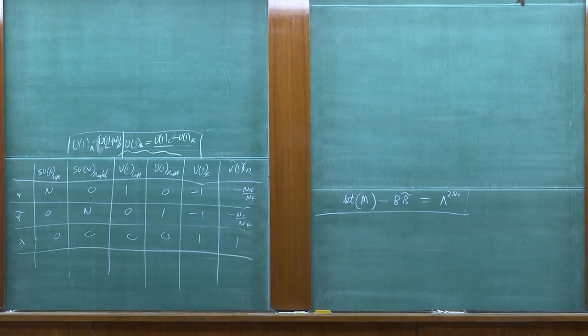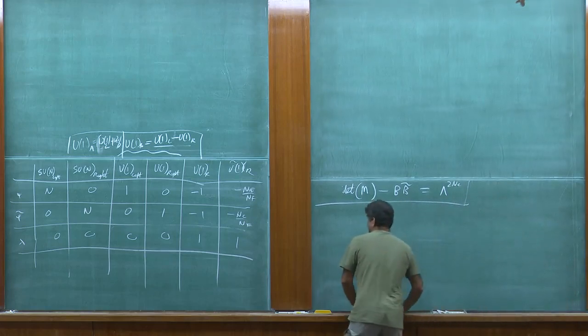This is clear, right? So what we're going to do is to look at a vacuum that preserves as much as possible, and work around that vacuum to check that the anomalies actually match between UV and IR. This is the game. So let's start with one of them.